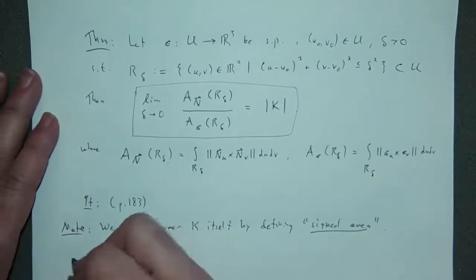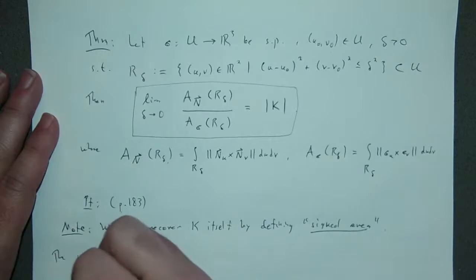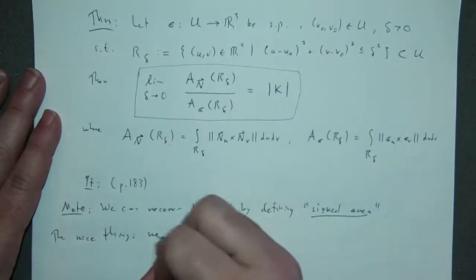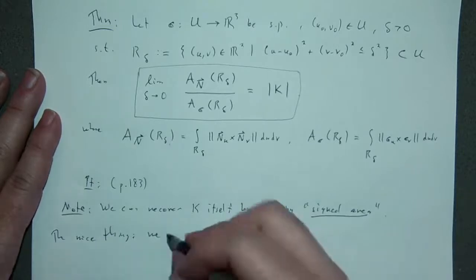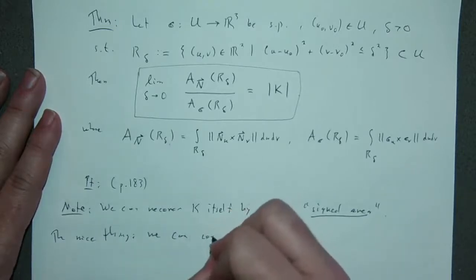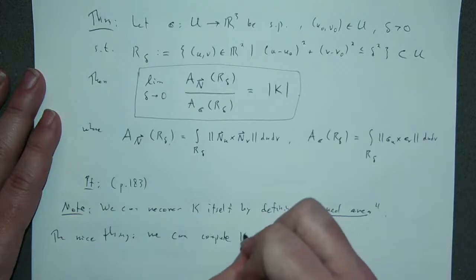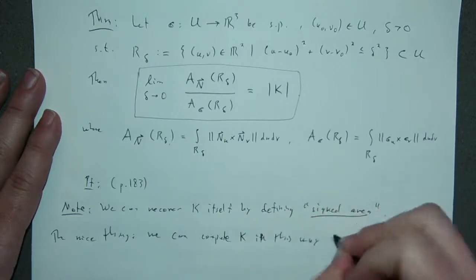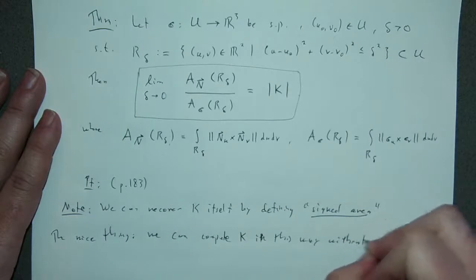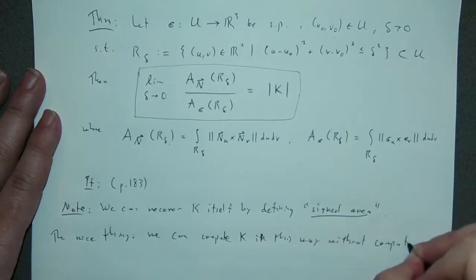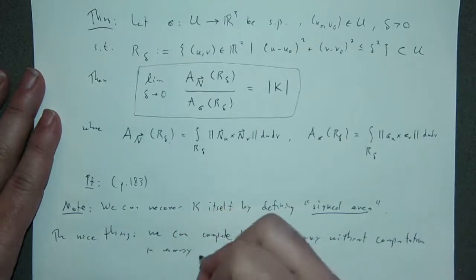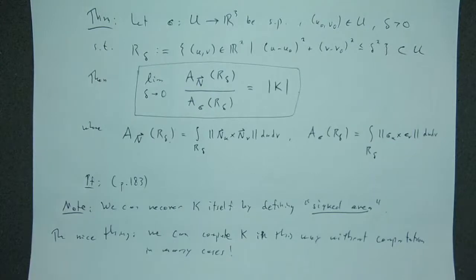Okay, the nice thing, we can use this to compute K without doing anything. So we can compute K in this way without computation many times, which is pretty cool.